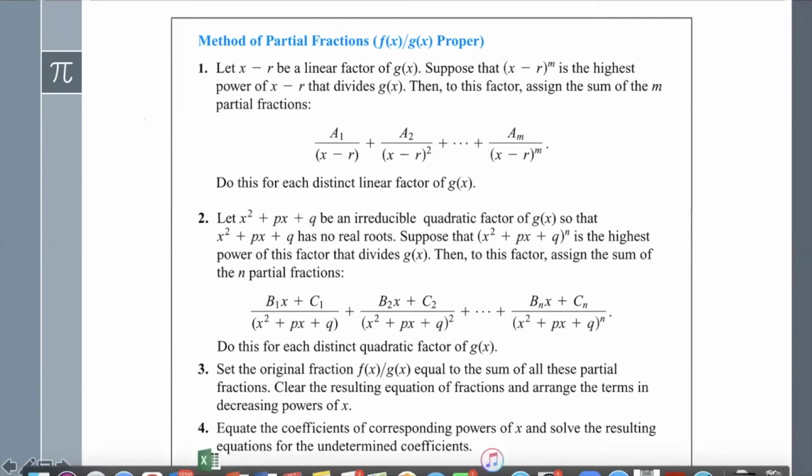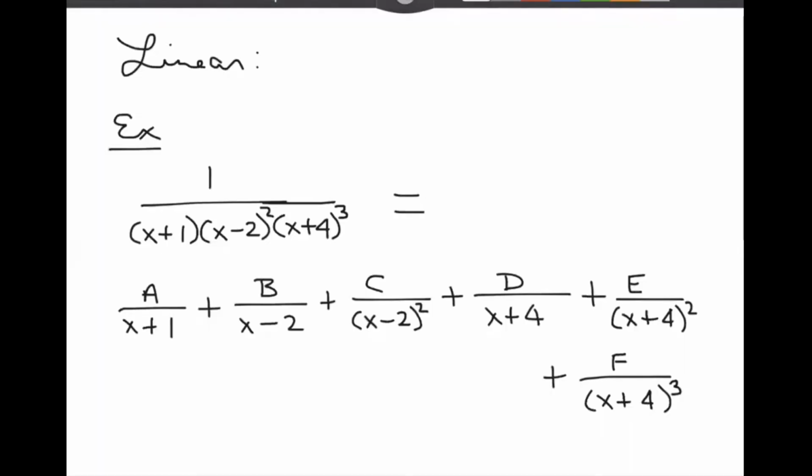All right, so the first case to consider is when the denominator of your rational expression has nothing but linear factors. In this example, I've got 3 different linear factors: x plus 1, x minus 2, and x plus 4. The way you would break up this rational expression is like this. You take the first linear factor, which is to the first power, and write that as A over x plus 1.